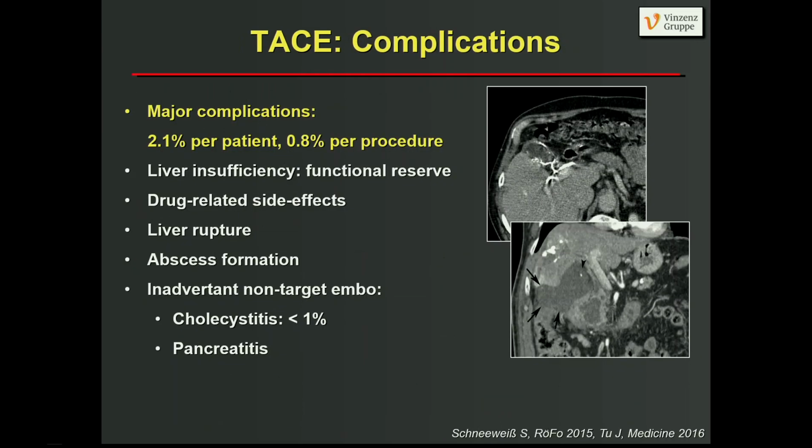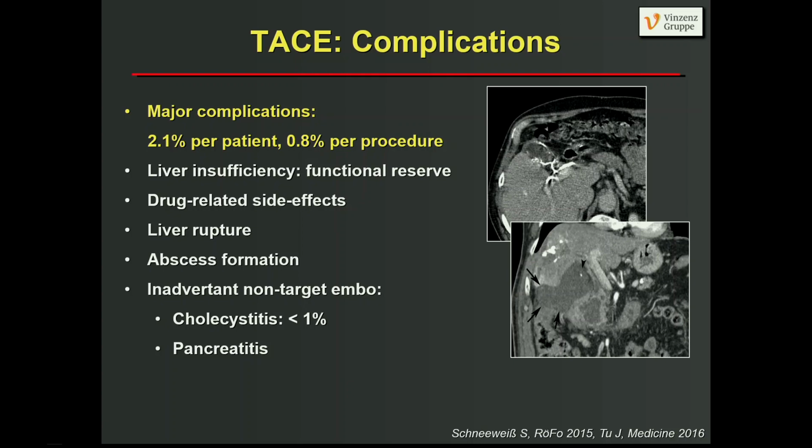What are complications? Well, large studies have shown 2% complications per patient and around 0.8% complications per procedure, because most of the patients, as I've shown, need several procedures. Of course, if you embolize too much, you can see liver insufficiency, like you may see in extended resection.